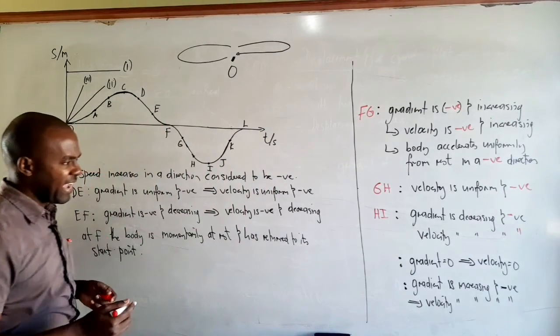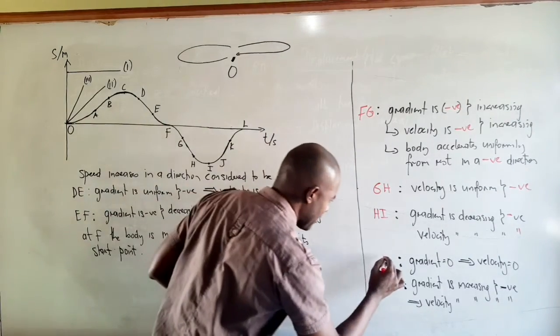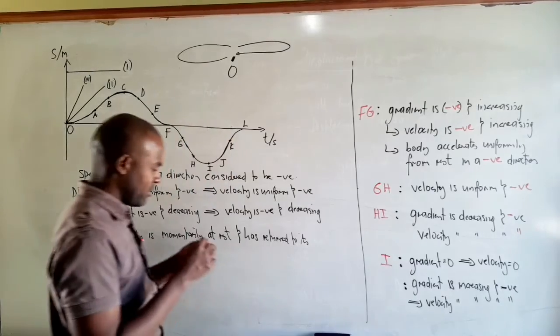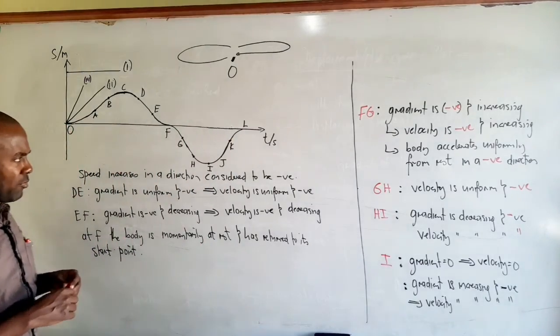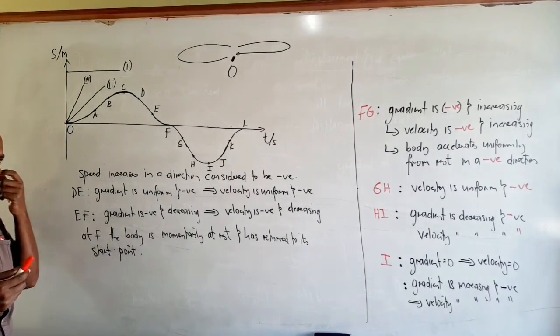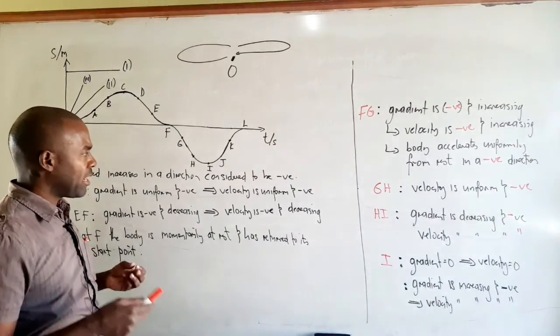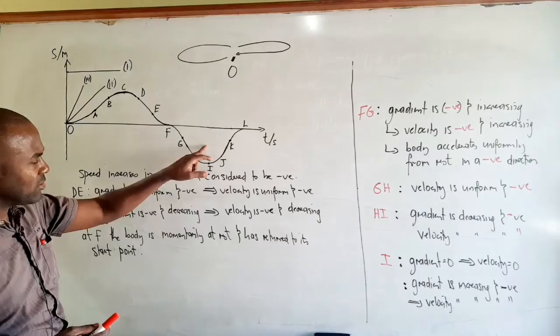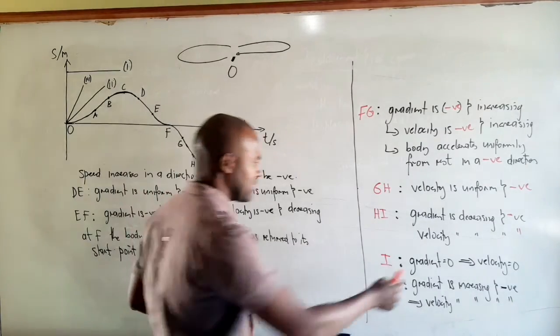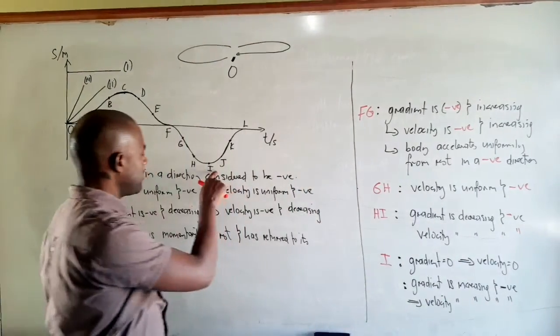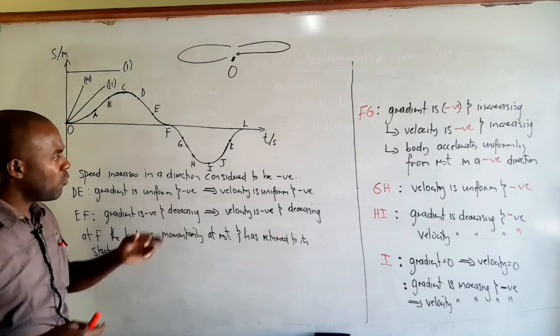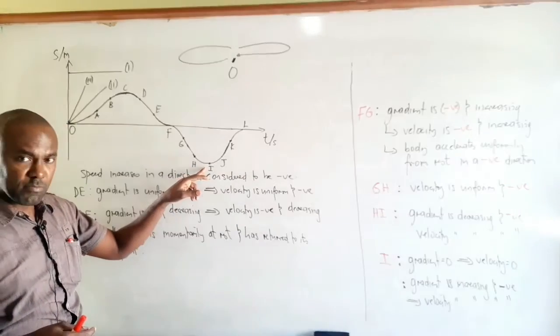Now, at I, the graph is once again flat, which means that the gradient is equal to 0. The gradient represents the velocity, and therefore the velocity is 0. So at I, the body is once again momentarily at rest, right?